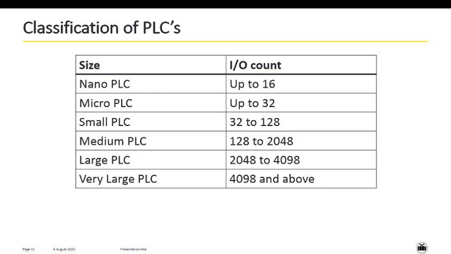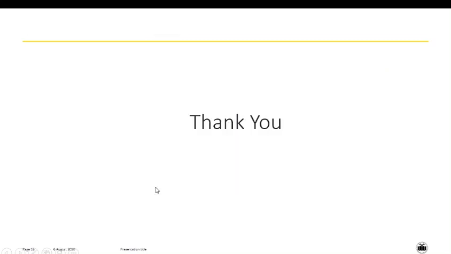Memory is required in which the PLC program is stored. And there is a very large PLC, from 4098 up to 8192 IOs. So based on the size, PLCs are classified into these types: nano PLC, micro PLC, small PLC, medium PLC, large PLC, and very large PLC.